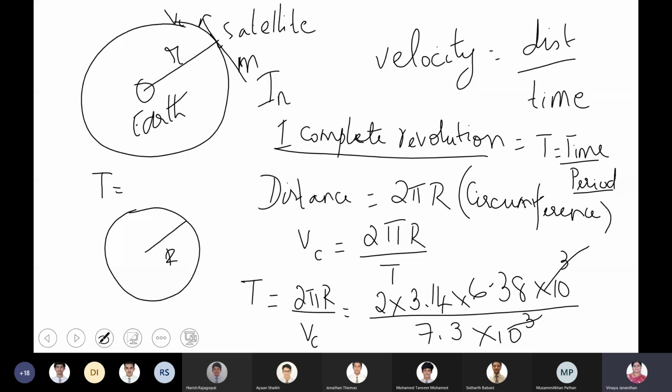Just check, boys. It's showing 6297. Just check. Boys, sorry, this is in kilometers. We have not converted to meters.